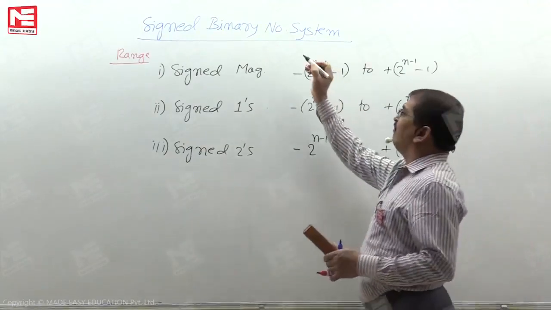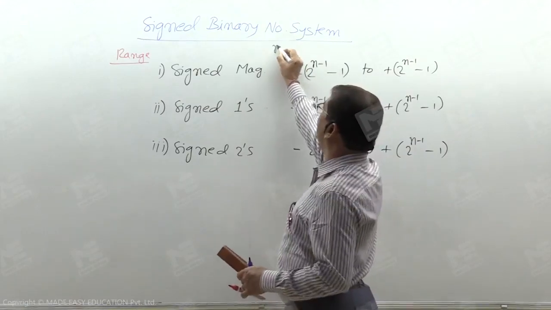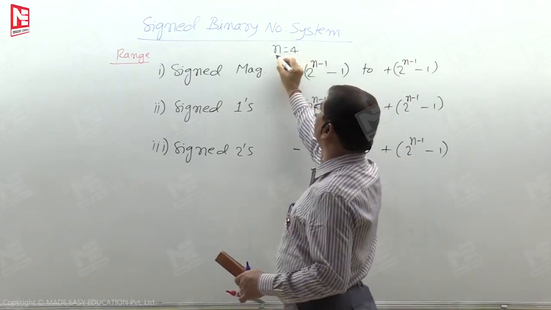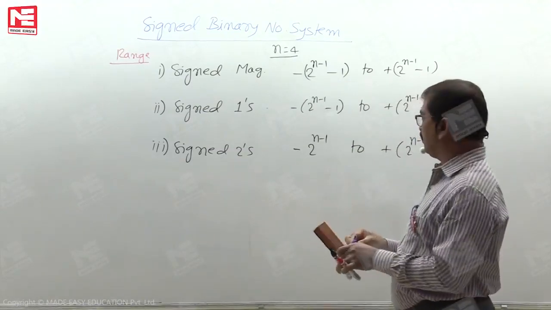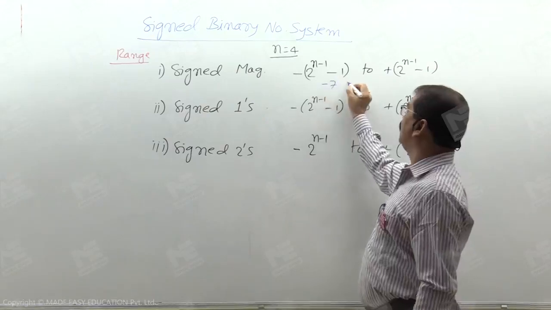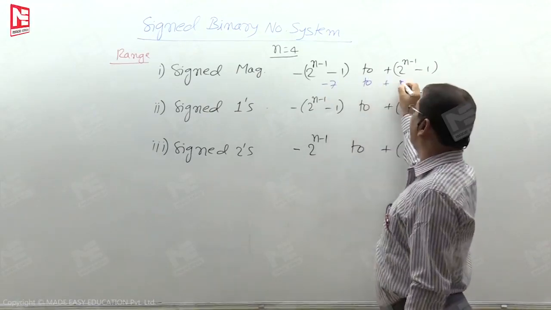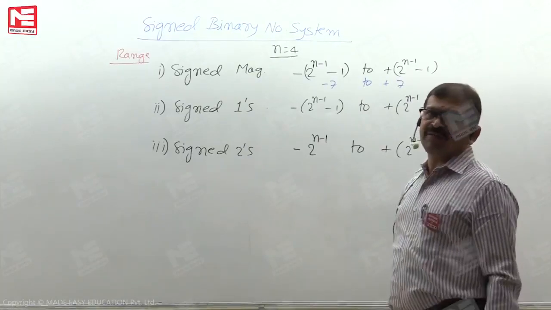Suppose the register size, for example, is 4. In sign magnitude notation, the range is minus 7 to plus 7. One bit is reserved for the sign and the remaining bits are for magnitude.